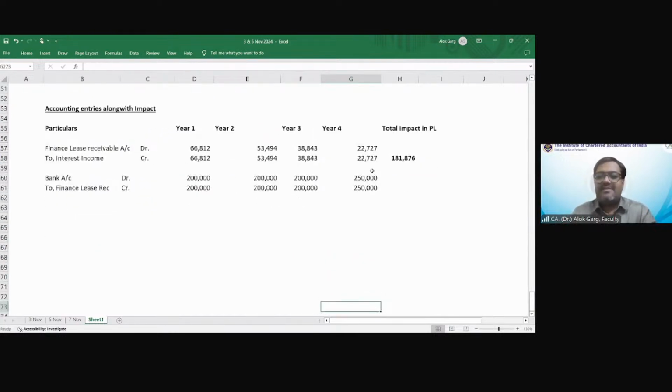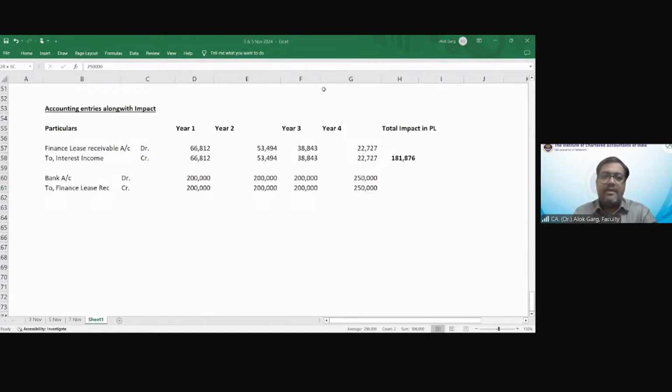Any more wishes? No sir, crystal clear. Okay. Hemant is saying, sir, we have not received 50,000. Hemant, we have received 50,000, no? That is why I've made it 250 instead of 2 lakh at the end of year 4. If you say we have not received 20,000 of unguaranteed residual value, then it will become your loss.